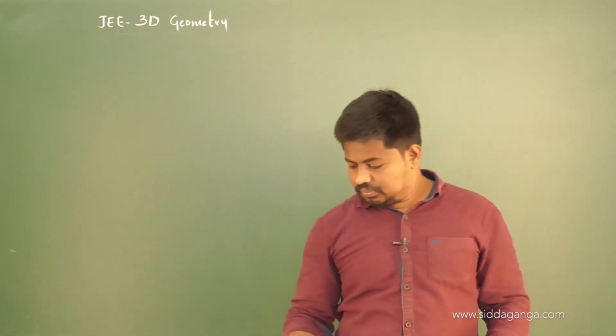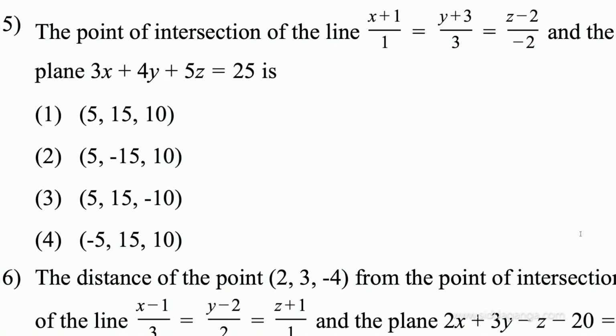Okay, let me move to question number 35. The point of intersection of the line and the plane. Here we have the line x plus 1 by 1 equal to y plus 3 by 3 equal to z minus 2 by minus 2.